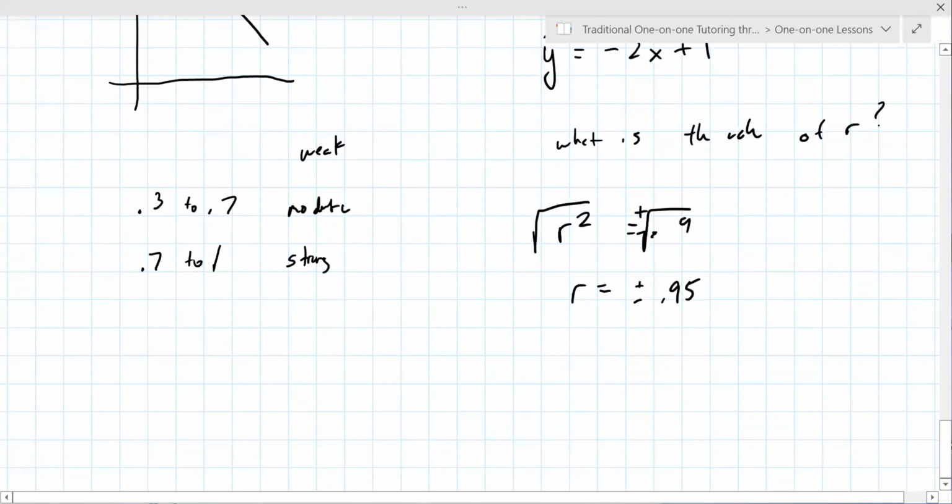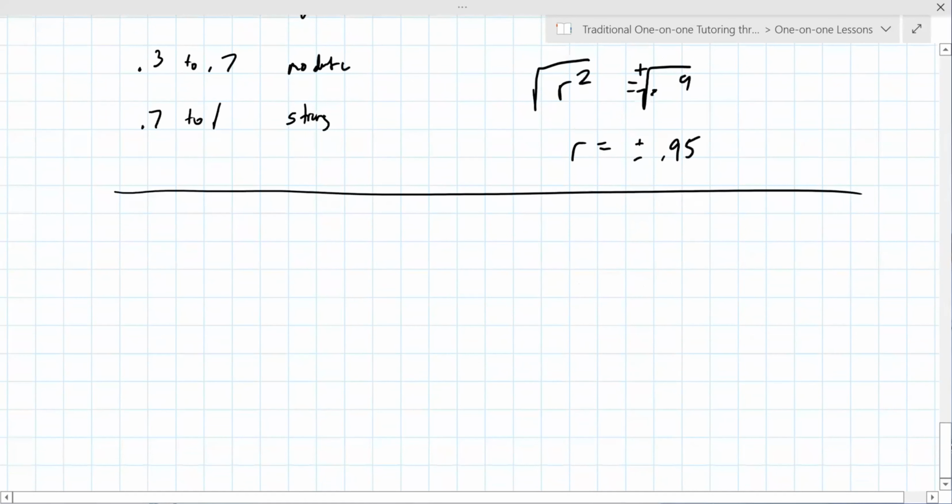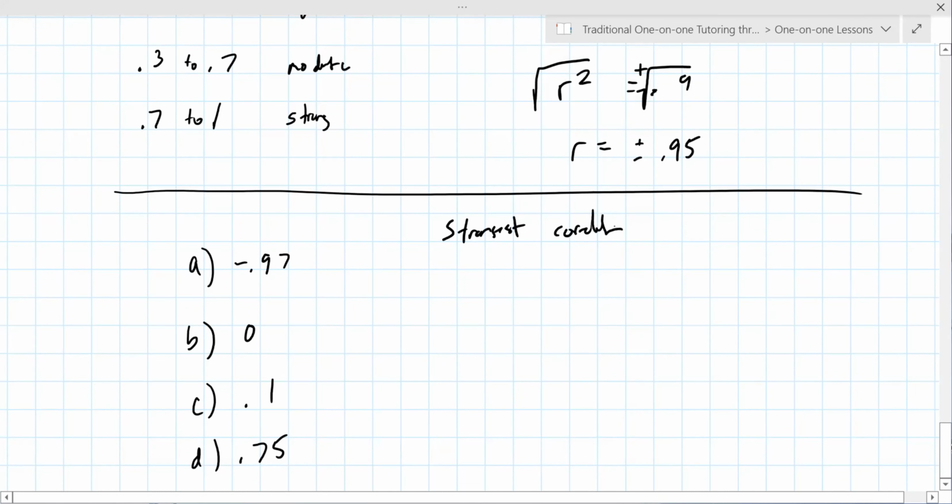Another question they sometimes like to ask is which of the following has the strongest correlation? So it'd be like minus 0.97, 0, 0.1, and 0.75. Which is the strongest correlation of these? A. So it doesn't matter that it's negative. It's the one that's closest to 1.